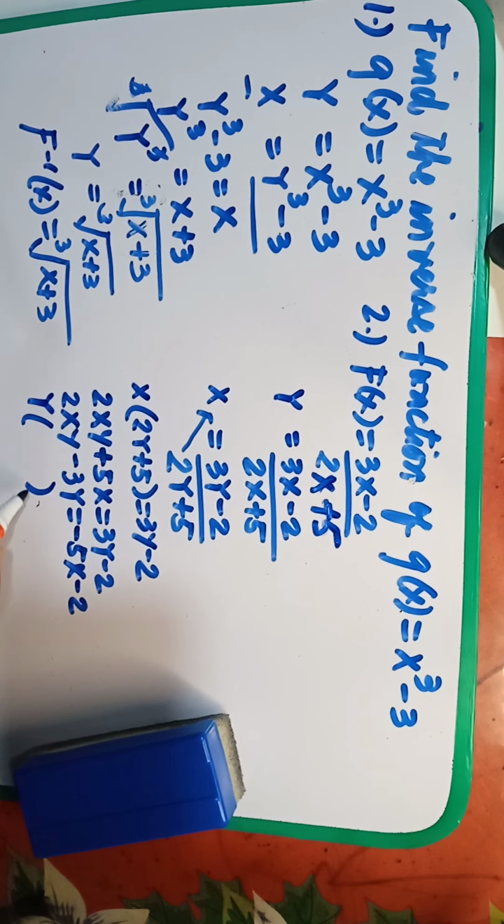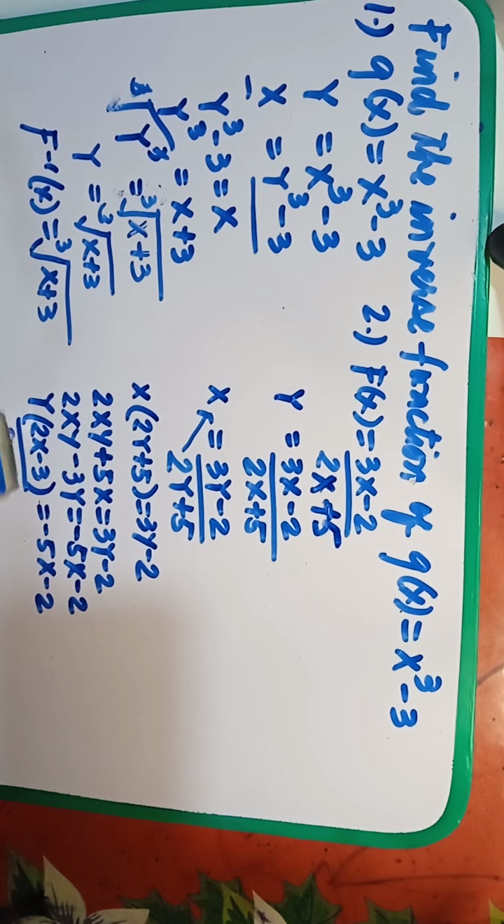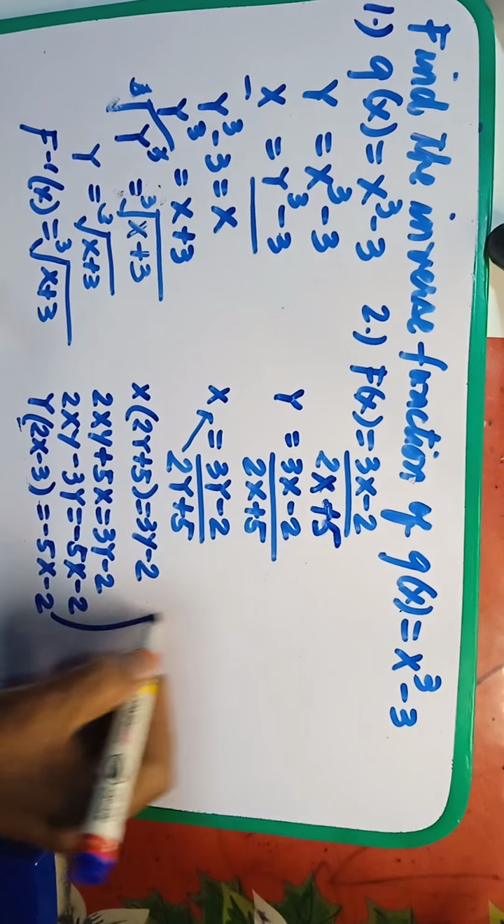So what we are going to write in the parentheses is 2x minus 3, equals negative 5x minus 2. So 2x minus 3 is the coefficient of y, so we divide by it.